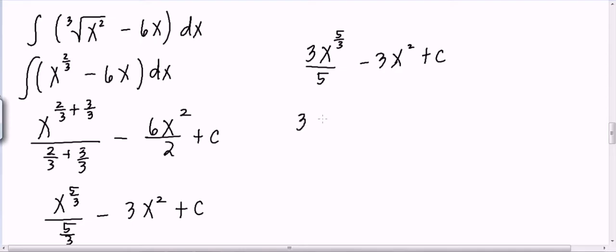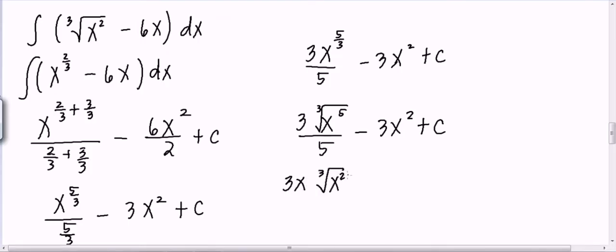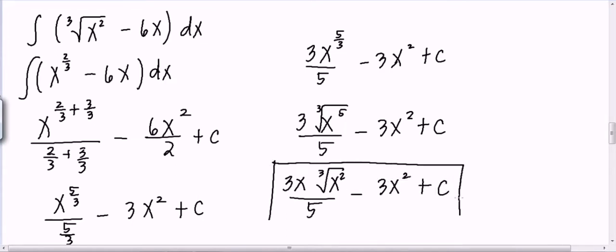That would be 3x raised to 5. Okay? Cube root of x raised to 5 over 5 minus 3x squared plus c. Okay? So, ilang 3 ang meron sa 5? Merong isa. So, makakapaglabas tayo ng isang x. Okay? And then, may matitirang dalawa. Okay? Pag nilabas natin yung x cube na yun, syempre, you will have a remaining x squared over 5 minus 3x squared plus c. So, here is your final answer.